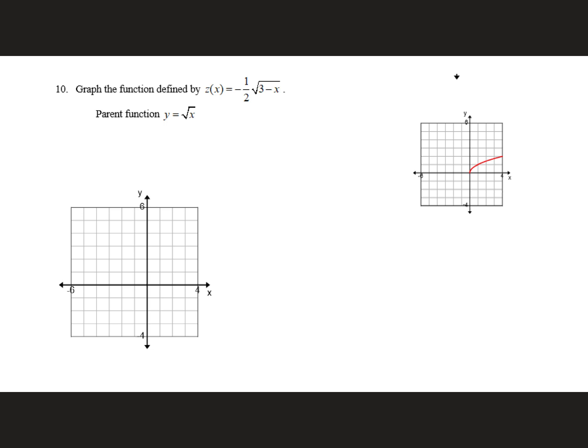So let's do one. So let's look at what we've got here. And so horizontal shifts come first. So this is telling me, if you think about this, this is negative x plus 3. So the first thing I'm going to do is I'm going to move left 3. Then I got to do my stretches and compressions, which we have a vertical stretch by 1/2.